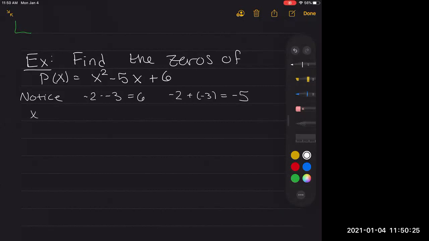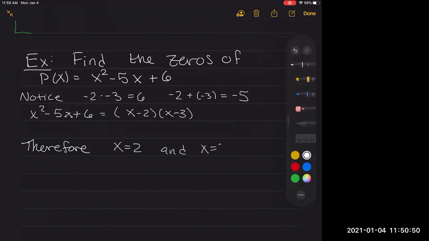So x squared minus 5x plus 6 equals x minus 2 times x minus 3. There we go. All right. Therefore, x equals 2 and x equals 3 solve P of x equals 0. Thus, 2 and 3 are zeros for P.